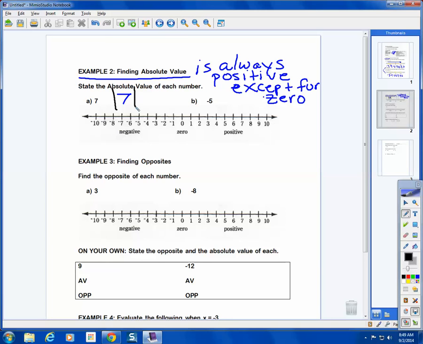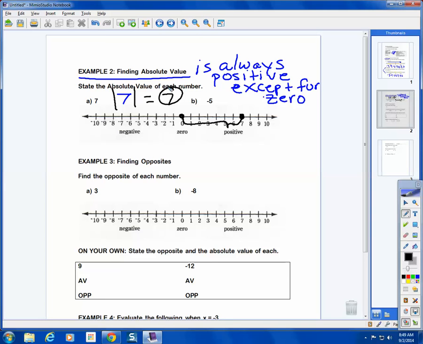Check it out. 7 is right here and 0 is right here. What's the distance from 0 all the way up to 7? It's 7. So the absolute value of 7 is equal to 7. Likewise, for letter B, you have -5 right here.